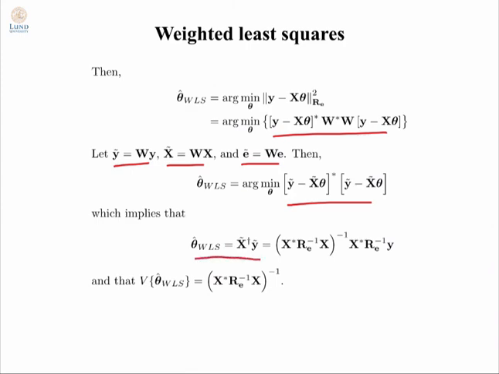Then what I do is I reinsert my y tilde and x tilde, and I get the expression for the weighted least squares estimator. And similarly, I can find the variance of the weighted least squares estimator like this. This is going to be the best possible linear unbiased estimator if the noise has the covariance matrix Re.